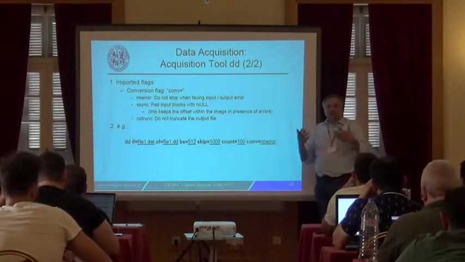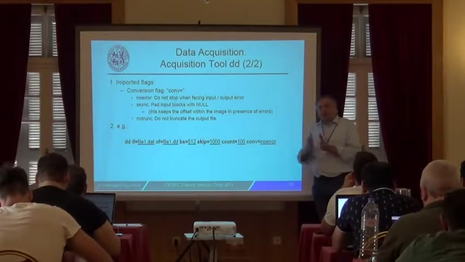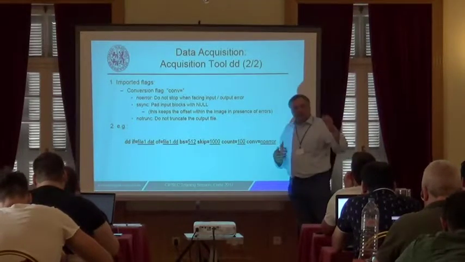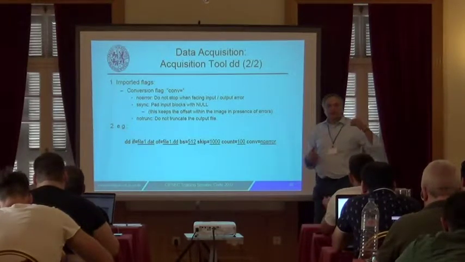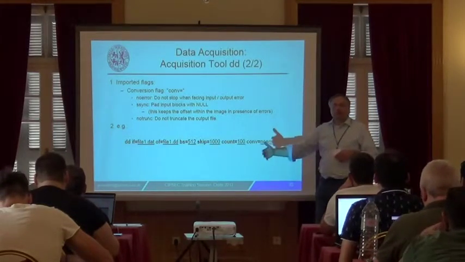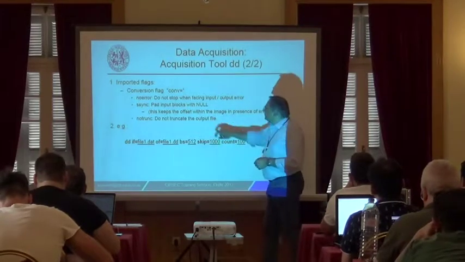However, if we just do the command as I showed you before, and there are bad blocks, you will lose sync. Because if it tries to read the block, it won't be able to, but then it will not substitute the bad block with zeros in the output. So we need to do some additional stuff.